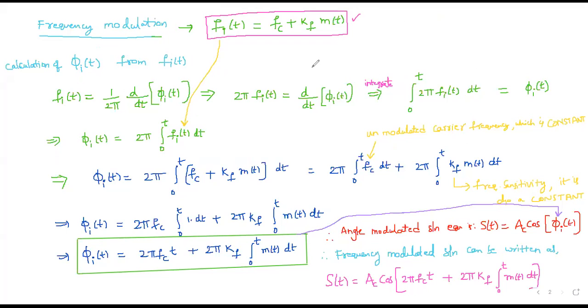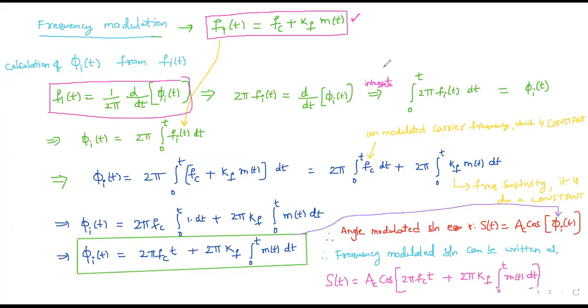So from the definition of frequency modulation, we have defined the instantaneous frequency as fi of t is equal to fc plus kf m of t. And from this we have derived the phi I of t. This we have seen in one of the earlier classes. And what is phi I of t?